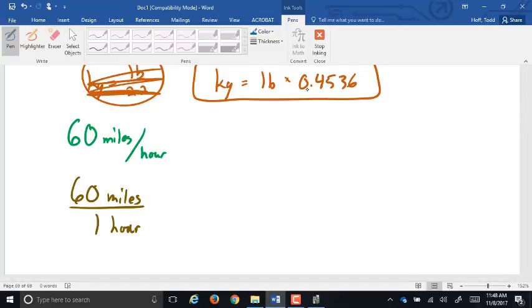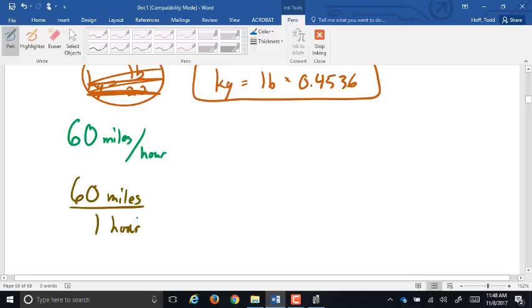We have to change miles into meters, and hours into seconds. Well, hours to seconds is pretty simple. I'm trying to see if we have anything for miles per hour.